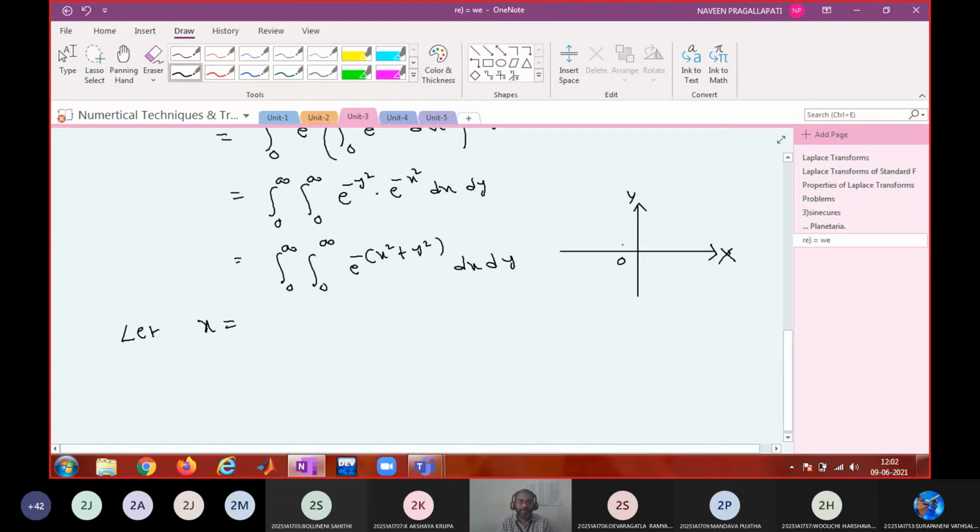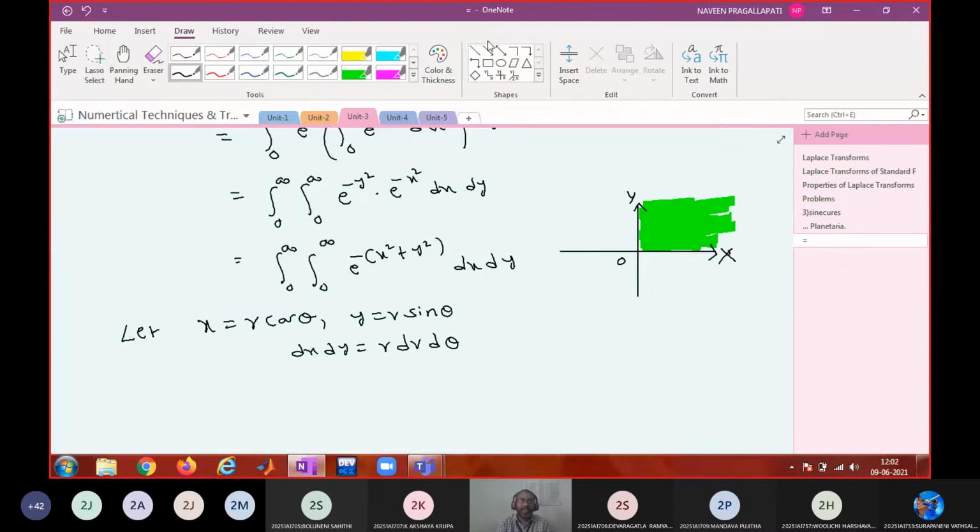Do you remember? x equal to r cos theta, y equal to r sin theta. Therefore dx dy is equal to r dr d theta.